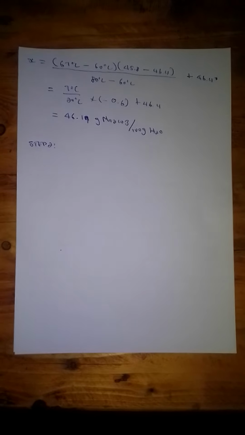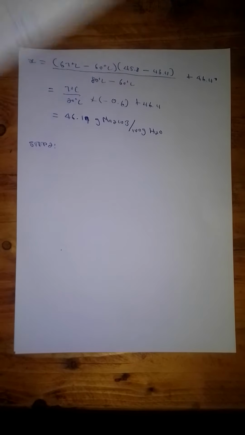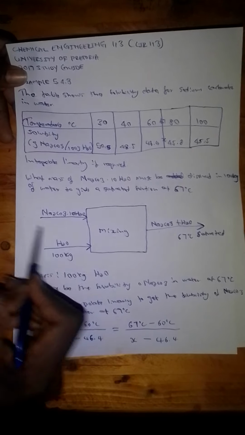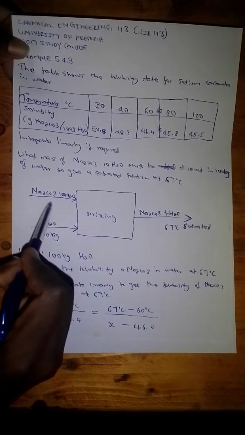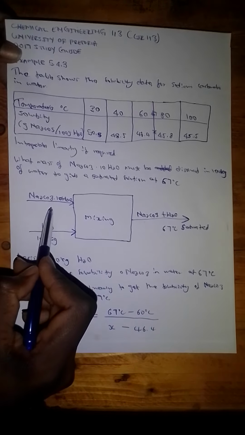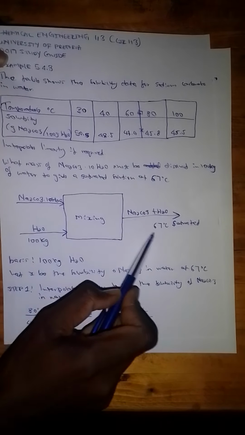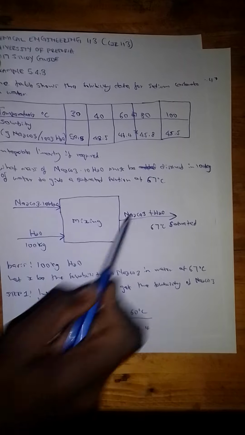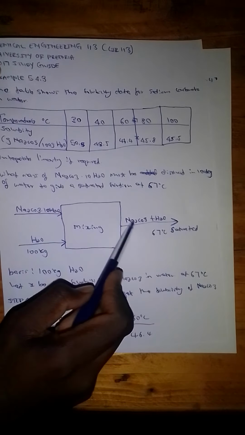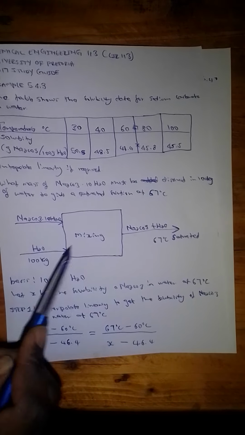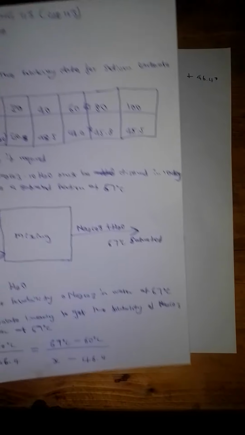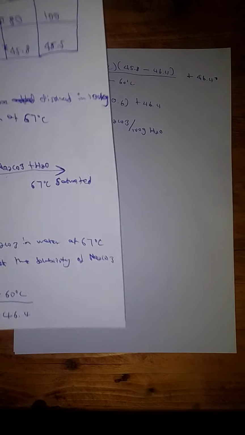So the second step is we're going to need to calculate the mass fractions of Na2CO3 in water at 67 degrees. We know this is a saturated solution at 67 degrees, but we don't know how much of which is in here. So we're going to calculate the mass fractions so that we can figure that out. That is going to be our step 2.